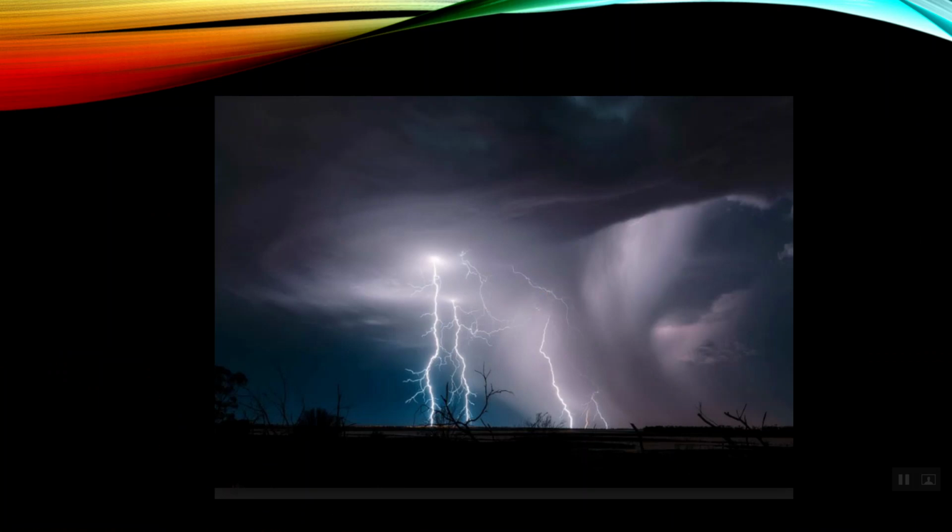So we can infer that a storm is coming soon. Remember, when you read informational text, you can use what is directly stated along with your experience to make inferences.